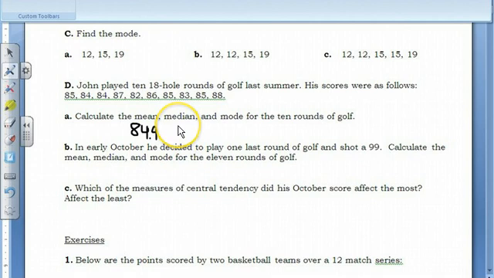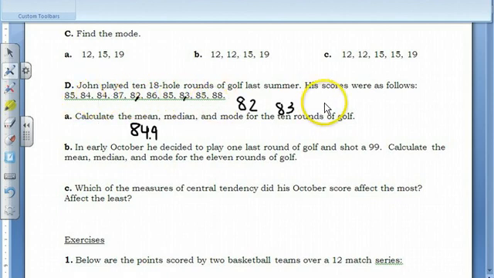Next we'll find the median. Now these numbers are not in order, so before I can cross them off to find the center, I have to put them in order. And this is kind of a tedious process to make sure you don't miss any numbers.